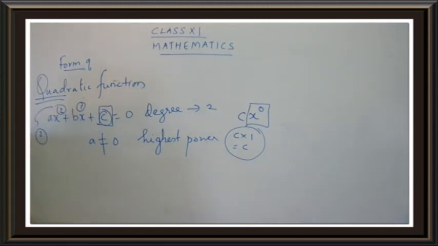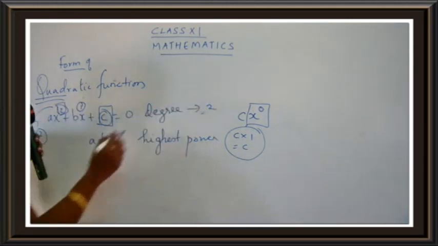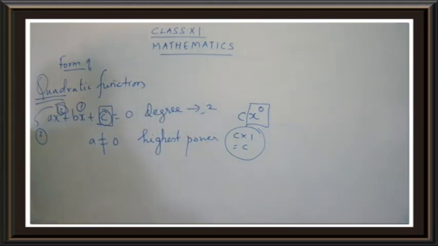So the highest power is called the degree. And what is the degree here? It's 2. Yes. So when you have a degree 2, you call that polynomial a quadratic polynomial. We have already studied in our lower classes about the different polynomials. Yes, children? So when you have a polynomial with degree 2, you have to call it a quadratic polynomial.